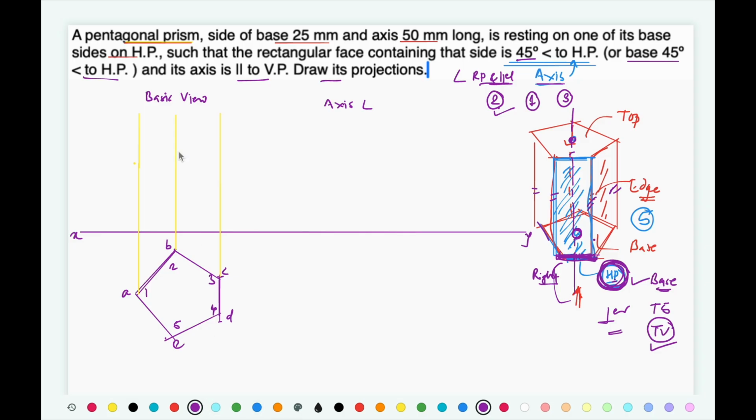The height of solid is 50 mm, axis length is 50 mm, so add 50 mm from the XY line. Draw the top face and complete this view. Okay, this side is on HP itself.